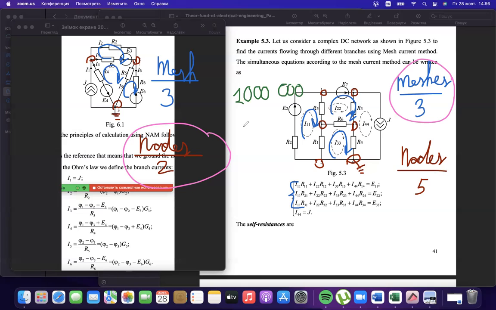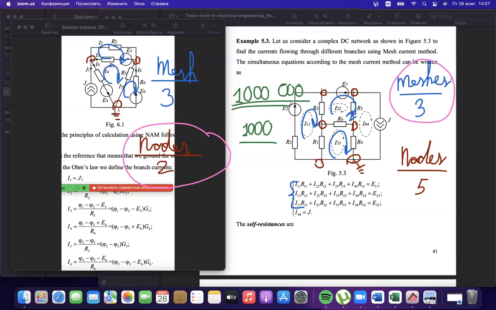For some situations, it could be 1 million meshes, but with lots of parallel elements, only 1,000 nodes. And it is obvious that the nodal method will be much more useful.